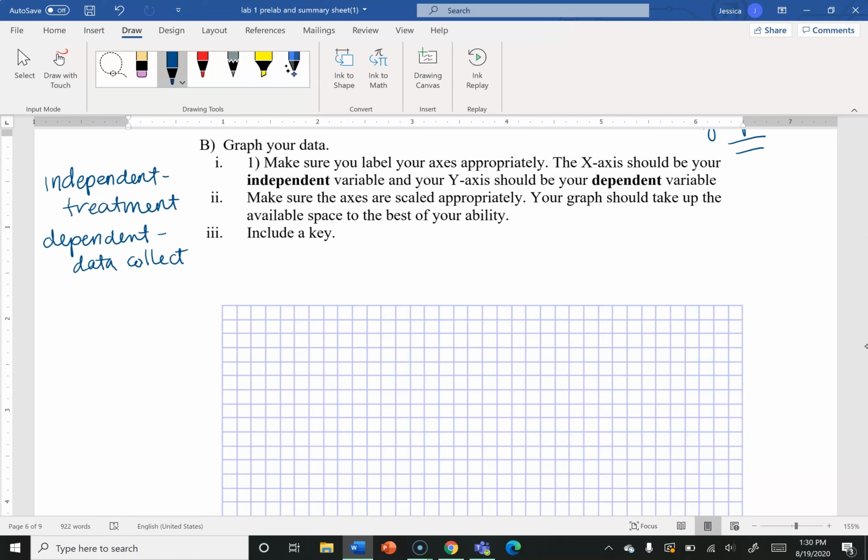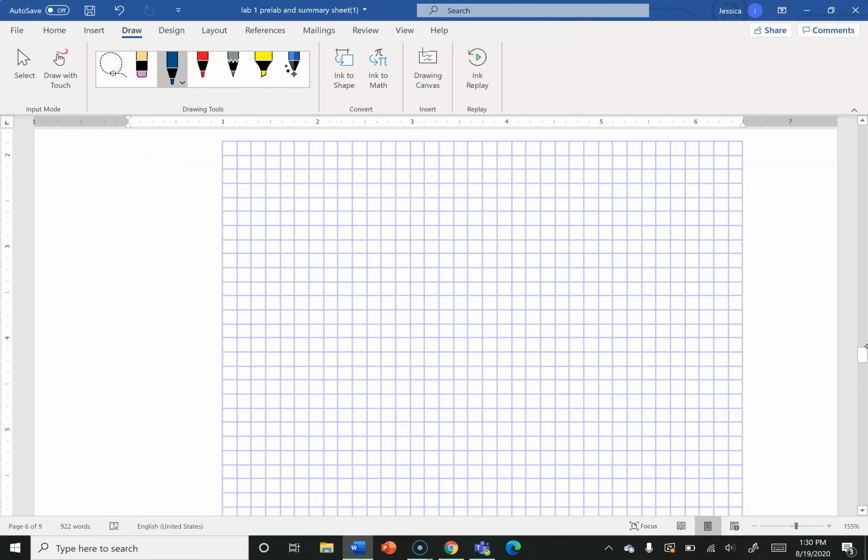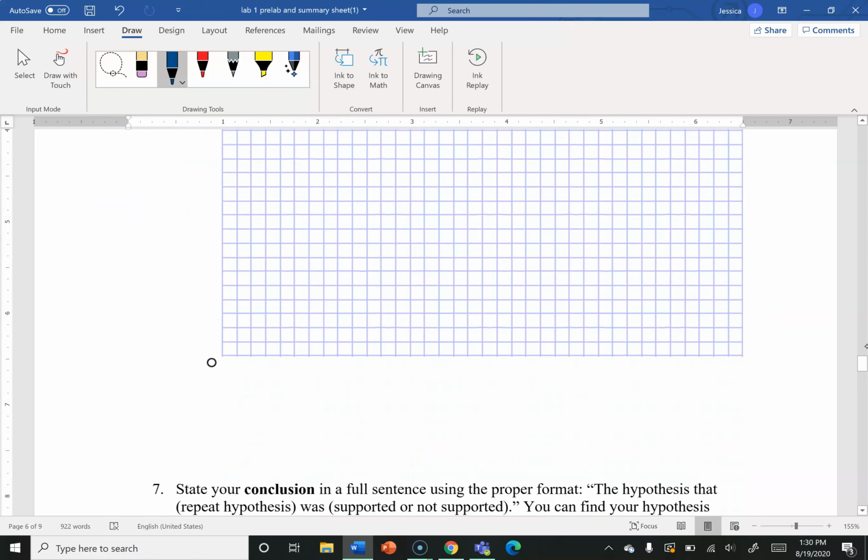So our graph here asks us to label our axes appropriately. Your x-axis is independent and your y-axis is dependent. So in our case, the x-axis is going to be our independent variable, which is our temperature. Now, each group used a slightly different temperature, but they were all written as a range.